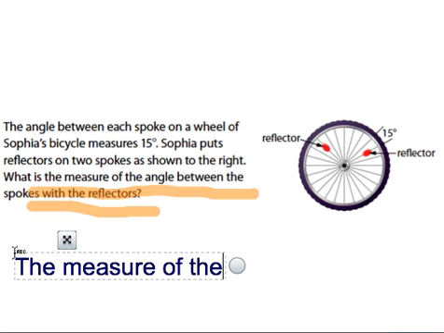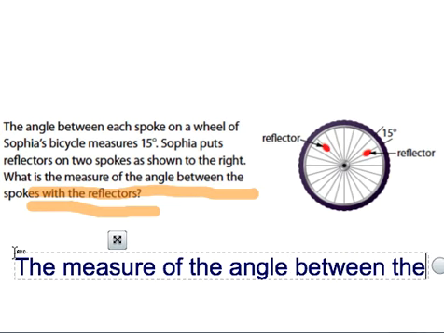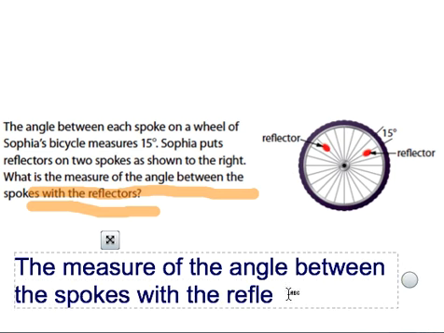So if you're answering this in a full sentence, your answer should start with something like the measure of the angle between the spokes with the reflectors is, right? And then you would give me the measurement.